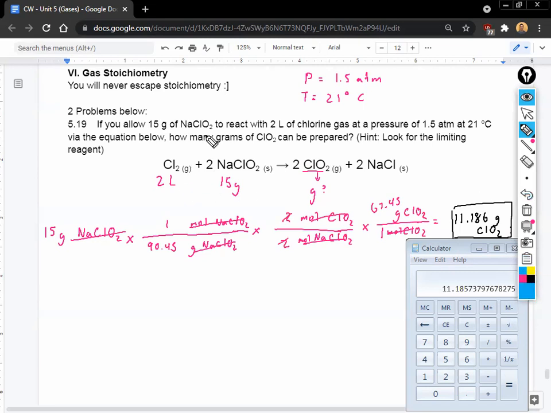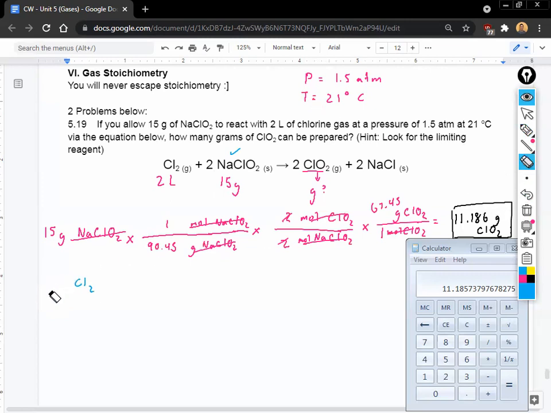Okay, now we'll do the other one. So we did NaClO2. Let's figure out how many grams of ClO2 that chlorine gas can make. Now, for chlorine gas, the only thing it tells us is that we have 2 liters of chlorine gas. But it also gives us the pressure and the temperature.